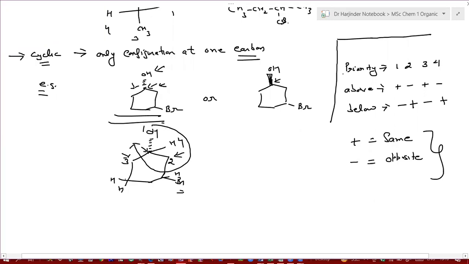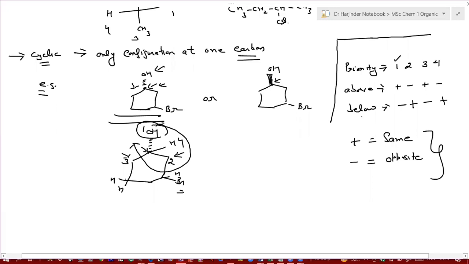So the group whose configuration is provided, which number is it getting? First. We know the configuration of OH, whether it is above or below, and what number has been given to it? First. It is below the plane.